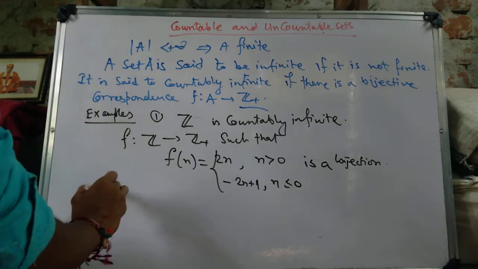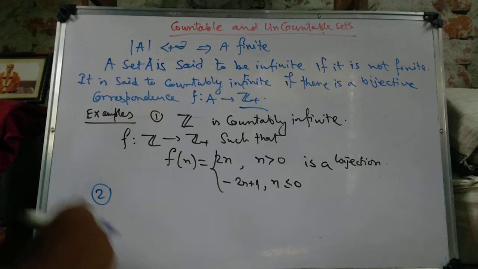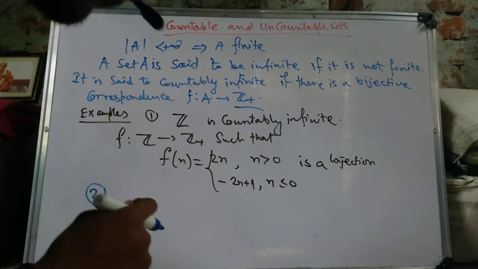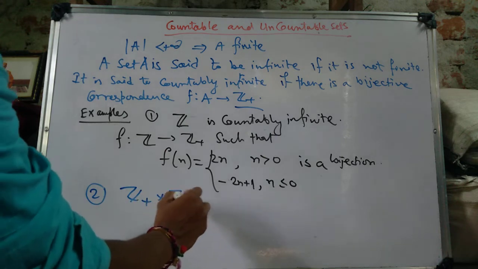Now we give a second example which clarifies this definition. How do we construct this example: Z plus Cartesian product Z plus is countably infinite.